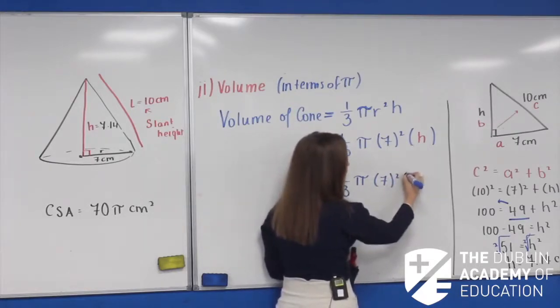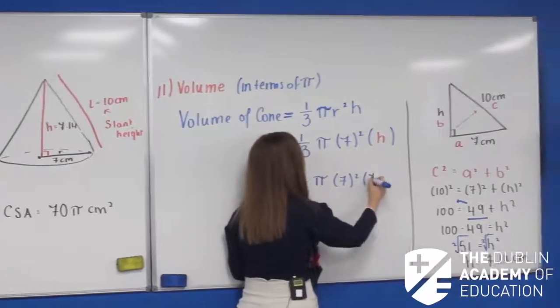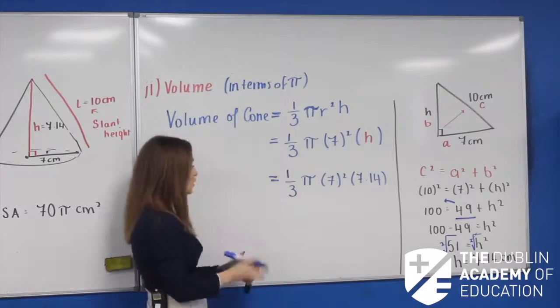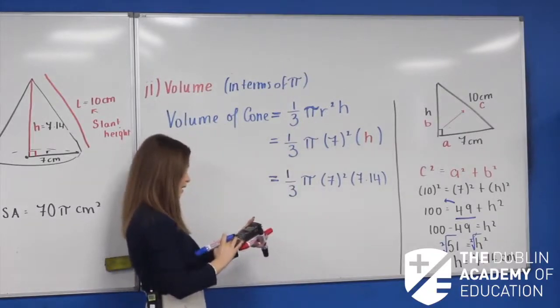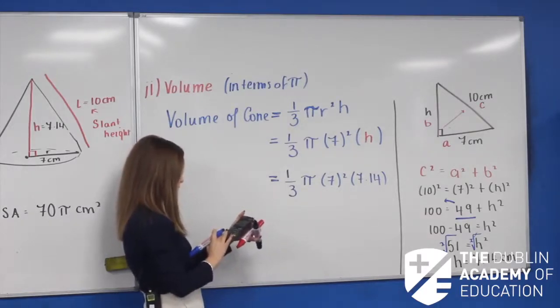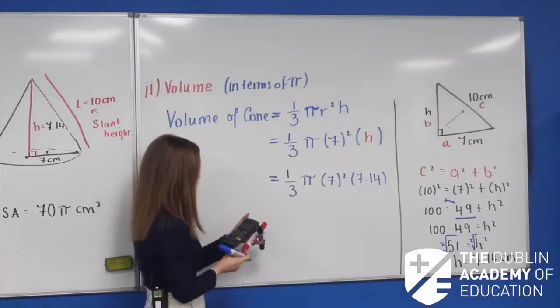And finally, the last thing here is h, which we just found, is 7.14. Now take a second, plug it into the calculator, make sure you don't plug in pi. It's very important to make sure you leave it in terms of pi. So I have 1 over 3 times 49, or 7 squared, times 7.14.